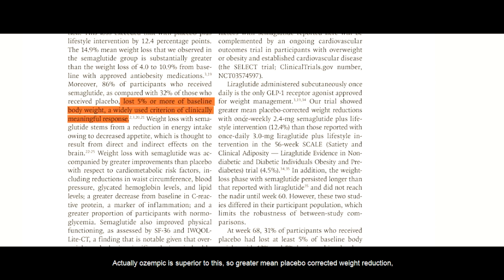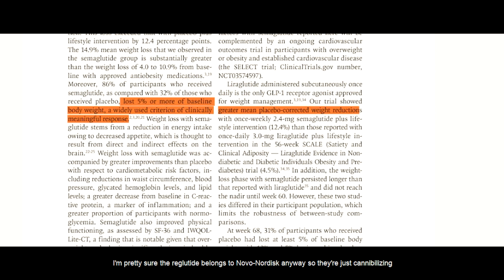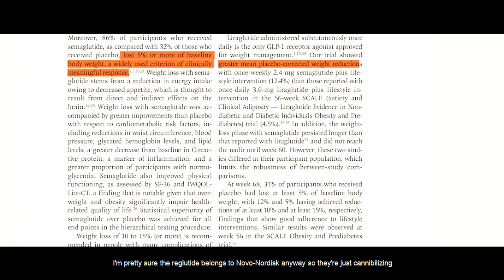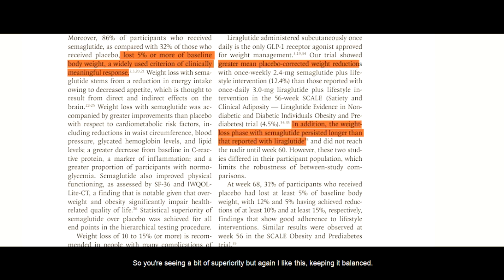Apparently, Ozempic is superior to this, showing greater mean placebo-corrected weight reduction, which is good. I'm pretty sure liraglutide belongs to Novo Nordisk anyway, probably just cannibalizing their own medicine. The weight loss lasted longer. Okay, so yeah, you're seeing a bit of superiority.